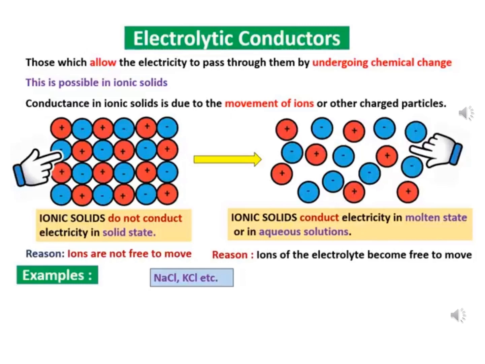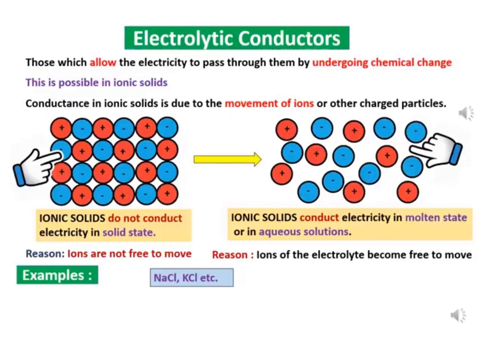Electrolytic conductors are those conductors which allow electricity to pass through them by undergoing chemical change. In electrolytic conductors, some chemical change may occur and then they can allow electricity to pass through them.